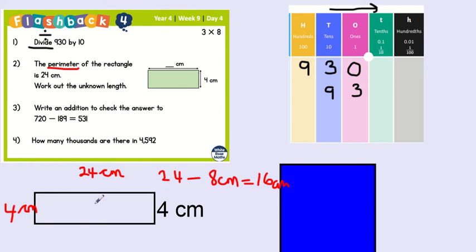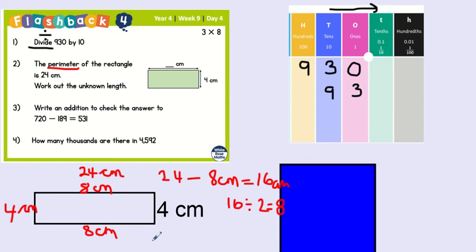Now, I've got 2 lengths left. So I've got to share that 16 equally between the 2 lengths. If I'm sharing something into 2, that's the same as dividing by 2. So 16 divided by 2 is 8. Well done, everybody. So this length here is 8 centimetres, and this parallel side is 8 centimetres.